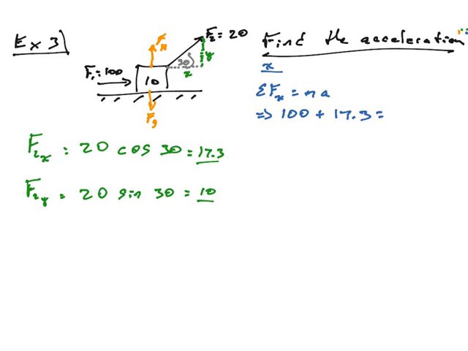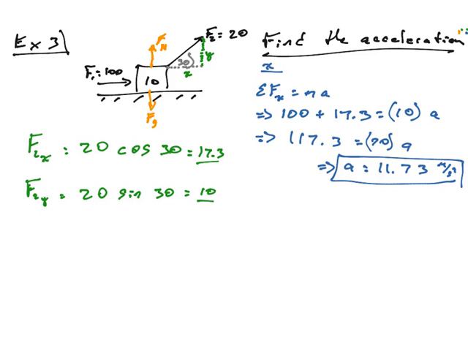So that equals mass times acceleration. So 117.3 equals 10 times a. a equals 11.73. And there you go.